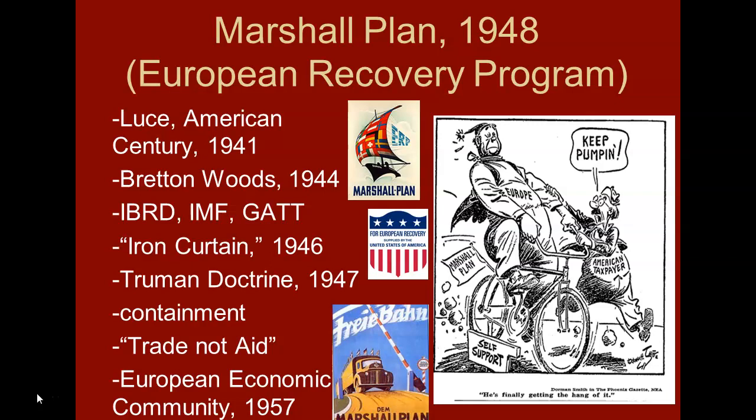Finally, the United States directed Europe towards, you kind of see in some of the Marshall Plan propaganda there, a particular kind of post-war order, one in which European nationalisms would be downplayed. Europe would work towards economic cooperation.